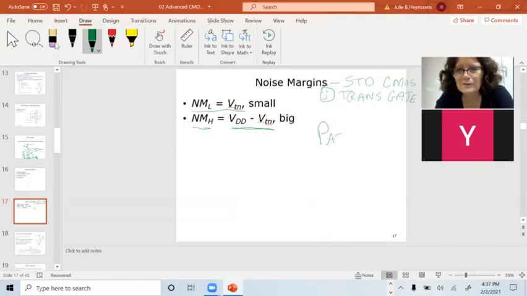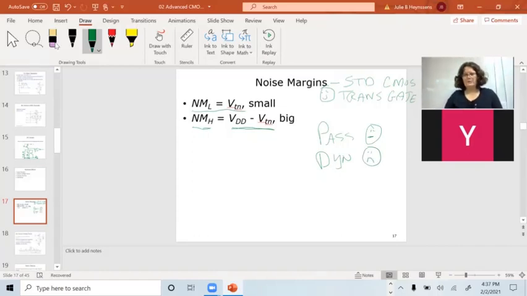Pass transistor, I lose a threshold. It's not very good, but this one's lousy. Dynamic. I've just completely blown my proportionality between my noise margins out of the water.